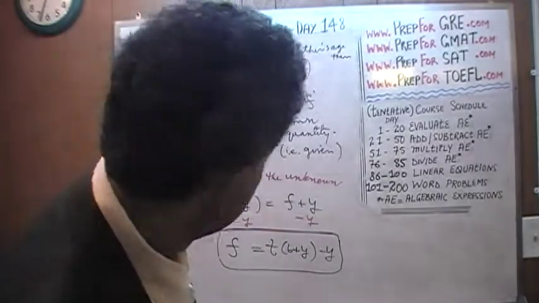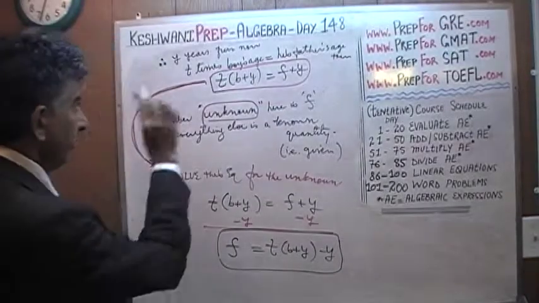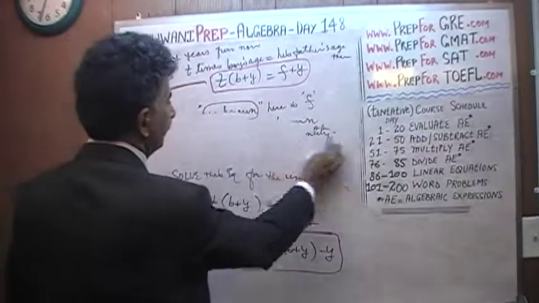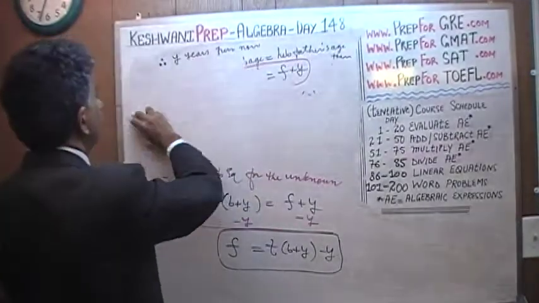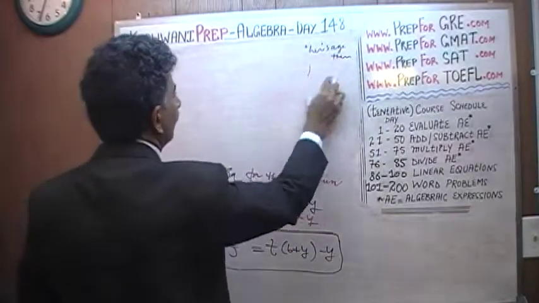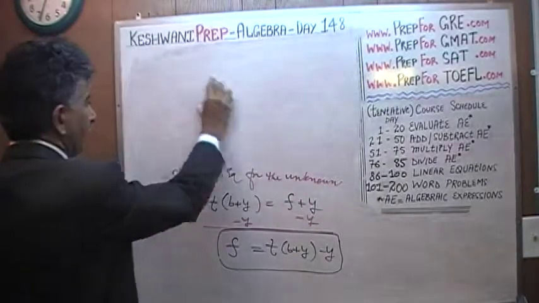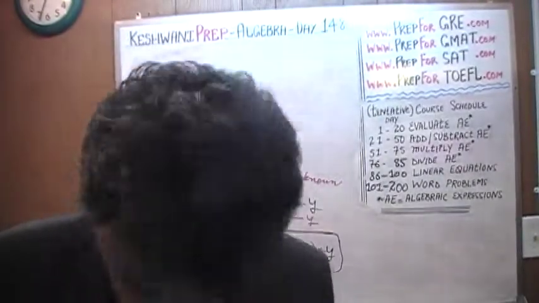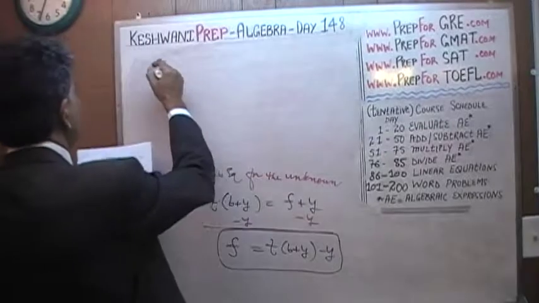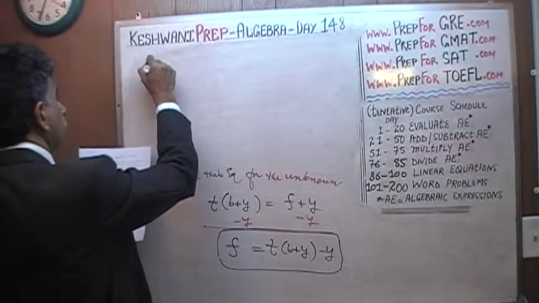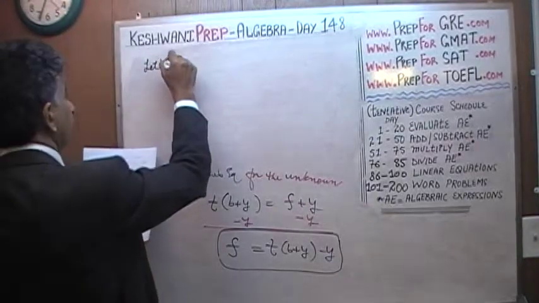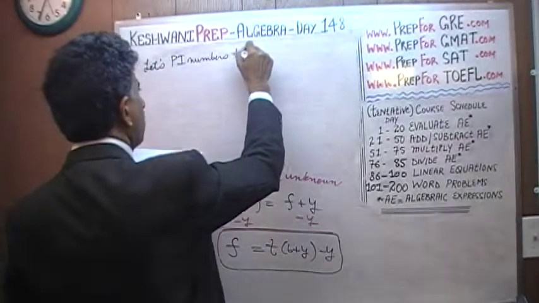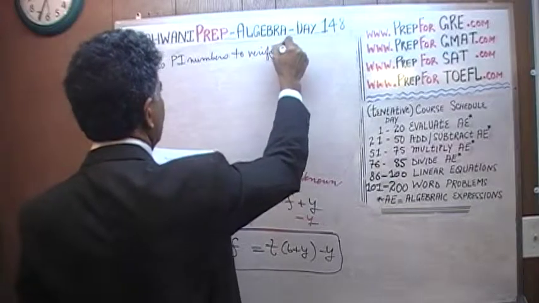Let's do it. Again, I need room one more time. Everything else is going to go except I'm going to leave the bottom part. Let's plug in numbers to verify our answer.